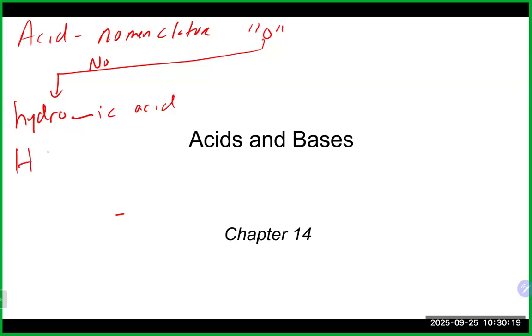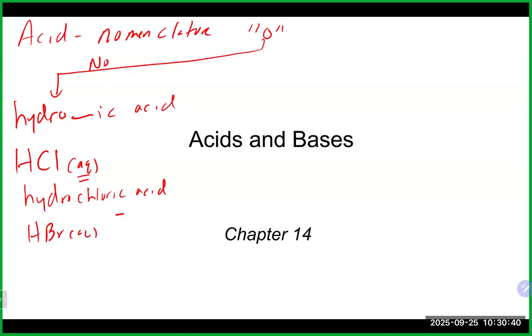So something like HCl. And by the way, acids usually have the aqueous symbol next to them to indicate that they are in an aqueous or water environment, and it's sort of ionic in that sense. This obviously would be hydrochloric acid, right? HBr would be hydrobromic acid.